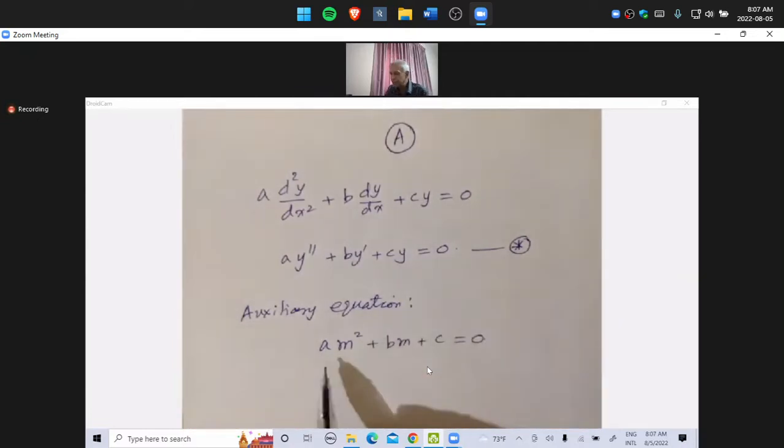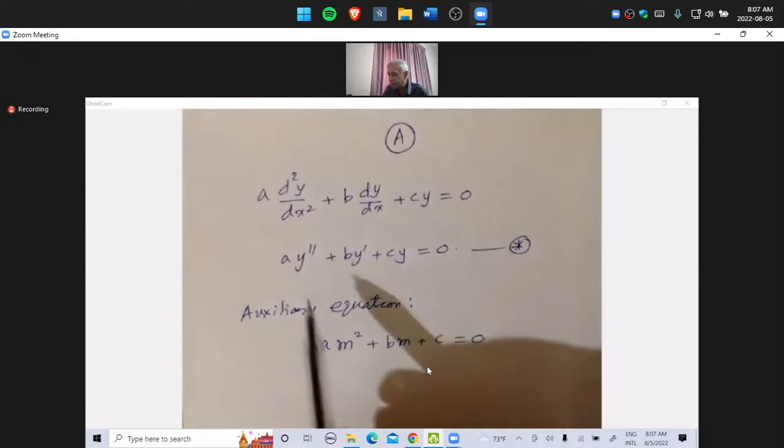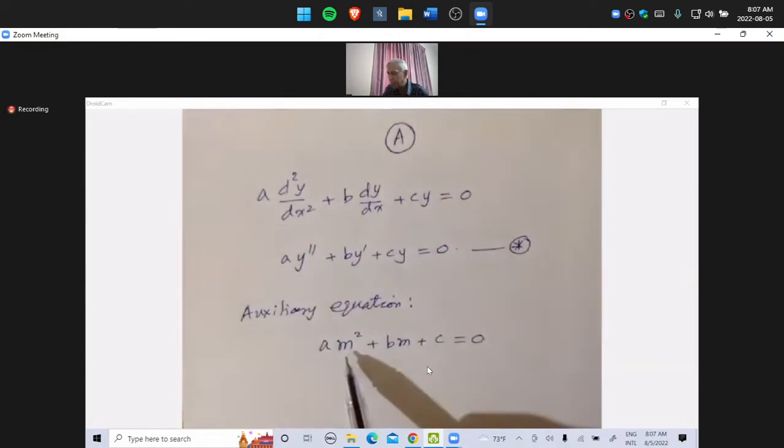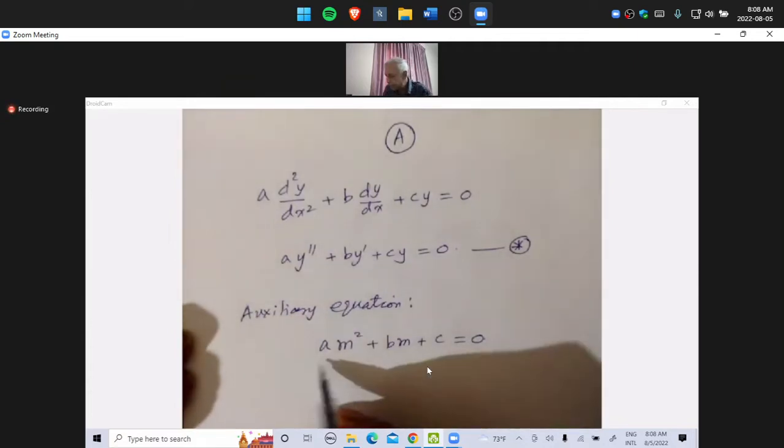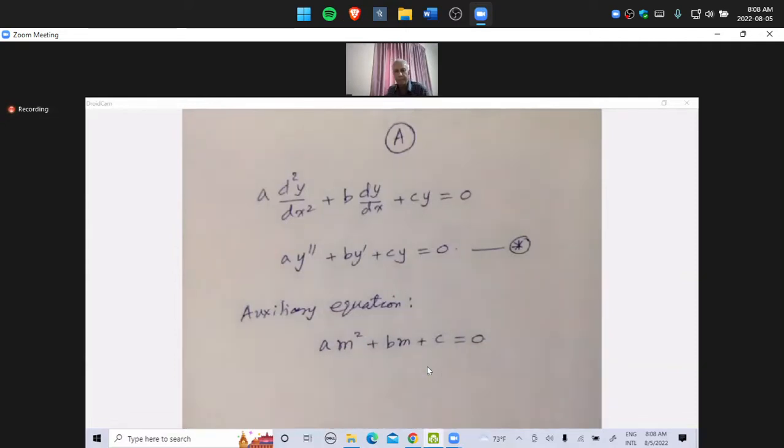The auxiliary equation for this is obtained by replacing double dash by m squared, dash by m, and deleting the y. So after writing the auxiliary equation, it is a quadratic equation in m. So it's like ax squared plus bx plus c. Instead of x, we have m.